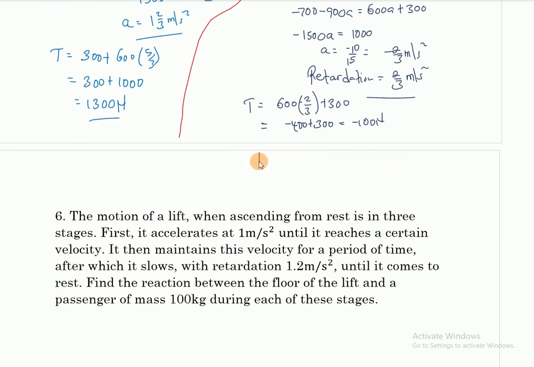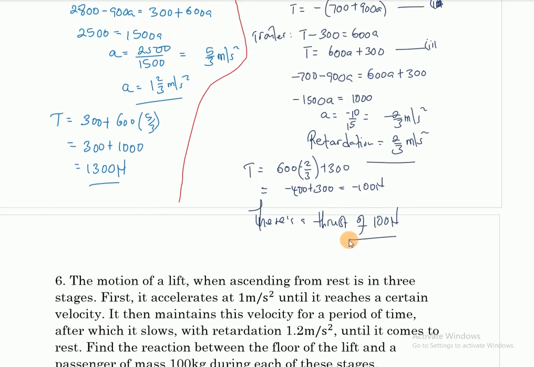So we are going to say that there is a thrust of 100 newtons. You can call it a compression. It is no longer a tensile force, but a compressional force. So there is a thrust of 100 newtons in the towbar.